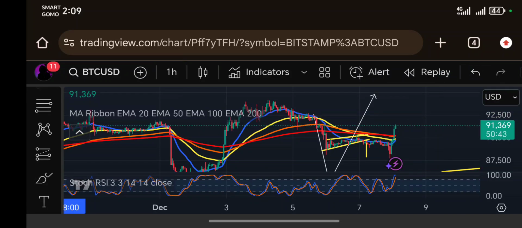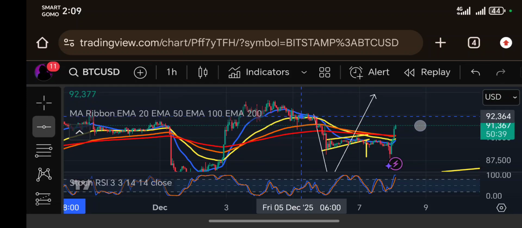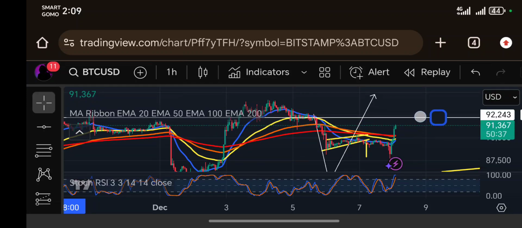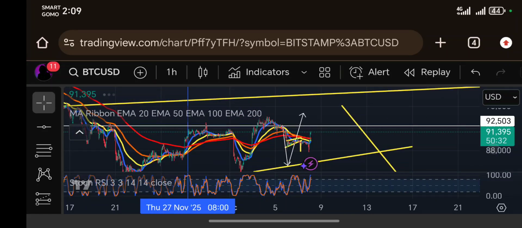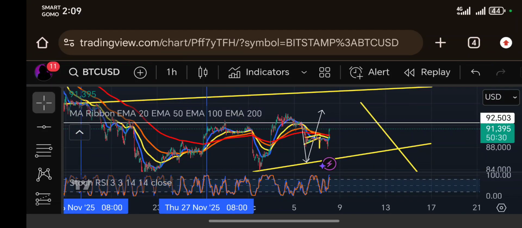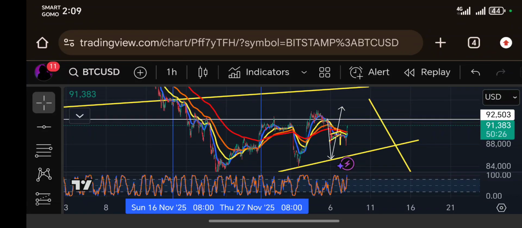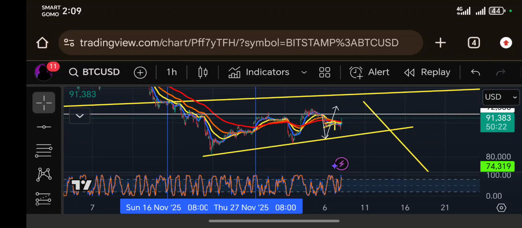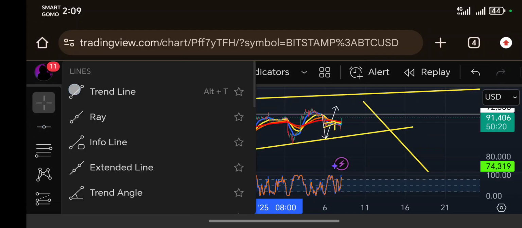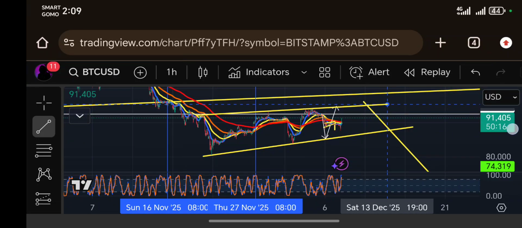So I'm going to put some horizontal lines here. Maybe we can pump a little bit higher in here, right there, 92,000. The question is, are we going to break that to the upside? Because we're still in a, I don't know if this is a bear flag or something in here. You see this line here, right?